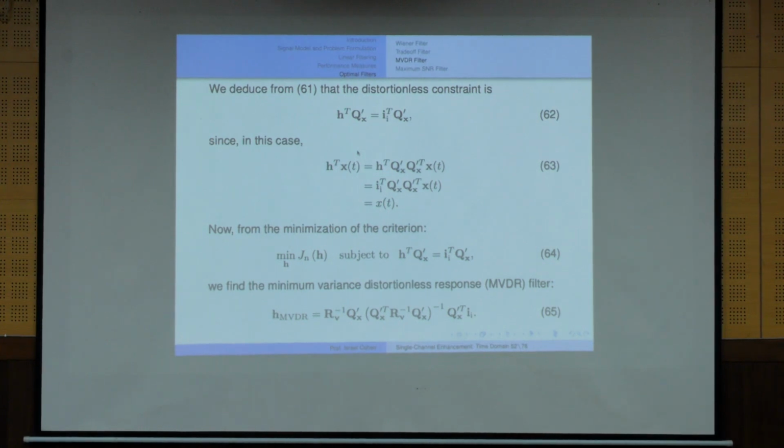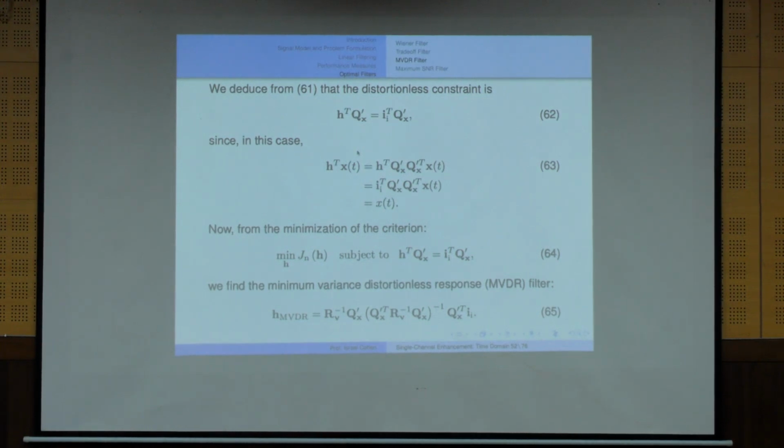So we can write the distortionless constraint in such a way that H transpose X equals X. This is the distortionless constraint. Why? Because how do we obtain this?